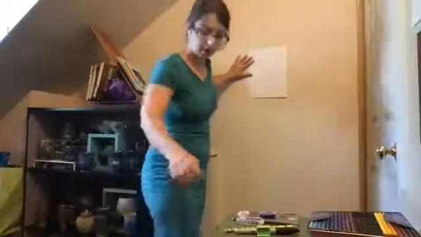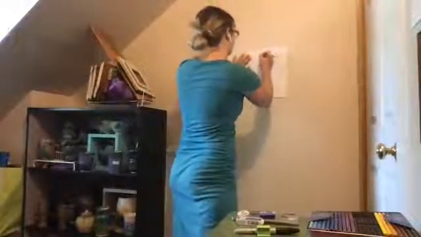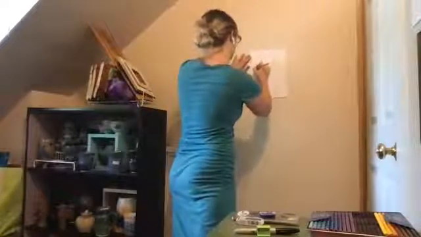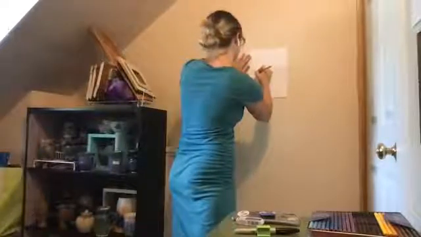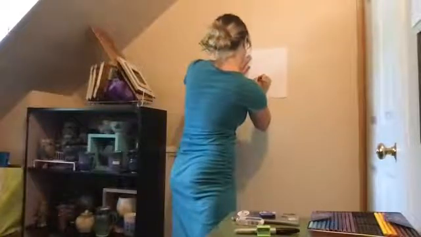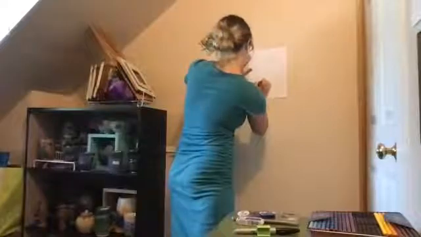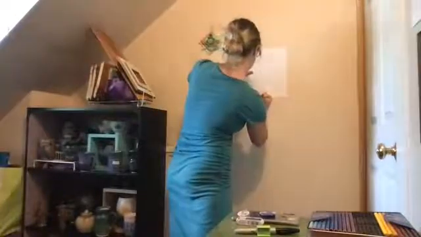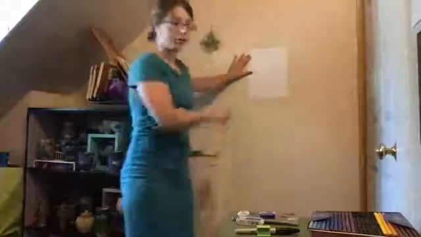So I'm going to start in pencil, and I'm going to draw a forehead and a nose and a mouth and a chin, and I'm going to bring it down to some shoulders. So I don't know if you can see that, so I'm going to go over it in marker so that you can see it.